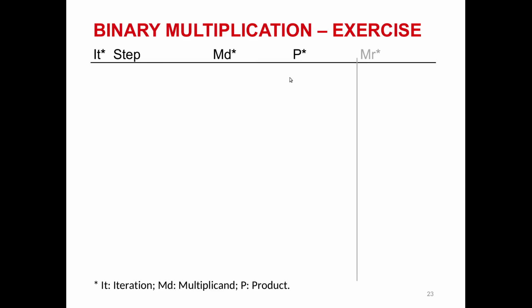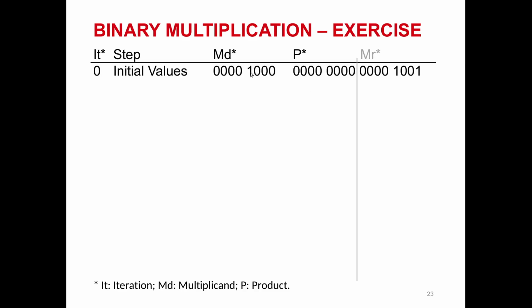So in order to make it clearer, I will make a dim line here to separate the high 8-bit part, or the most significant 8 bits of the product, and the lower part, the less significant 8 bits for the multiplier.